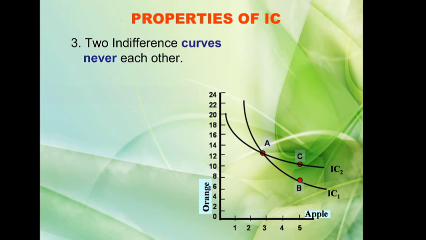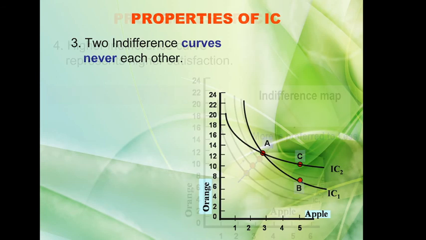If the consumer has one apple and 22 oranges, and again one apple and 18 oranges, then he will not get the same satisfaction. Definitely the one apple and 22 oranges combination will give him better satisfaction. So this is not possible.